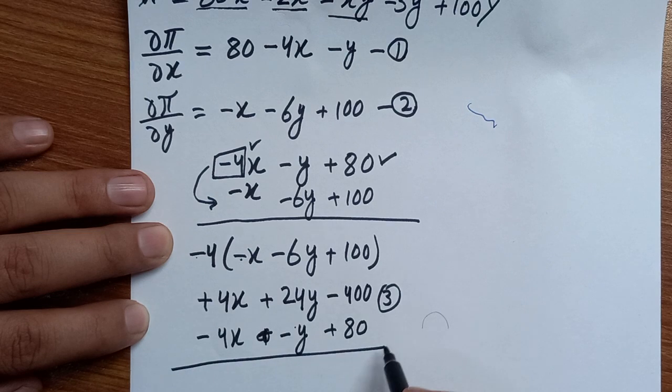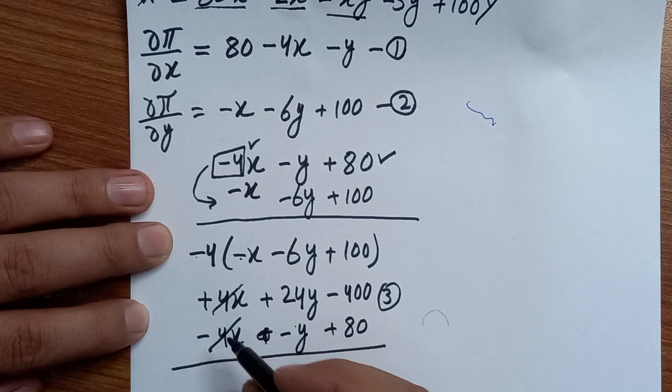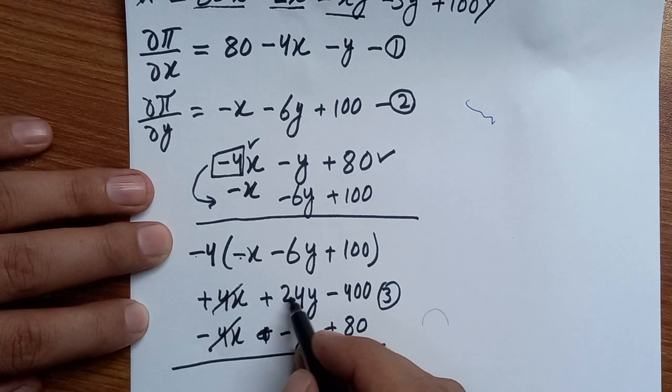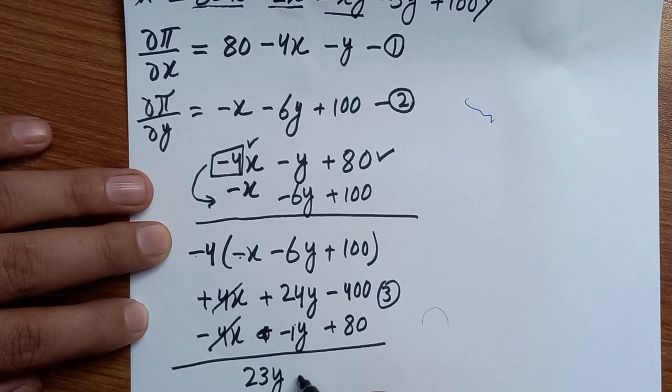Now we will add it, so they will cancel with each other. Plus and minus, they will cancel with each other. So here we have 24 and we have one coefficient. So 24 minus 1, it will be equal to 23. From 400 we will minus 80.